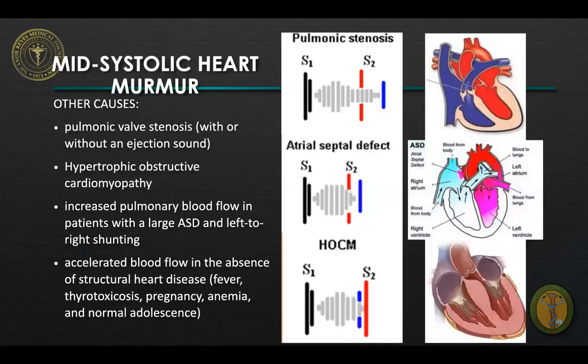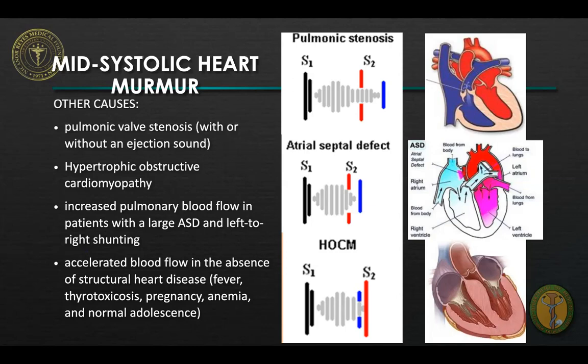Other causes of systolic murmur would be the mid-systolic heart murmurs. This can be caused by pulmonic valve stenosis with or without an ejection sound, hypertrophic obstructive cardiomyopathy, increased pulmonary blood flow in patients with a large ASD and left to right shunting, and accelerated blood flow in the absence of structural heart disease, like fever, thyrotoxicosis, pregnancy, anemia, and normal adolescence.